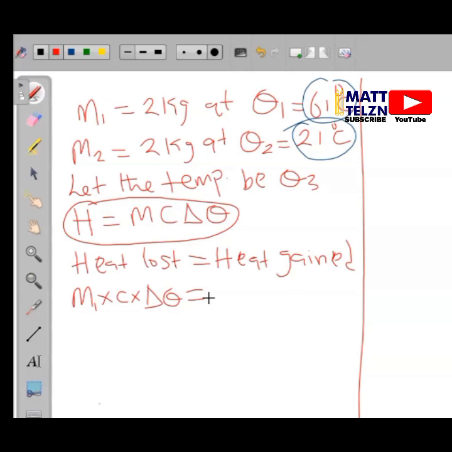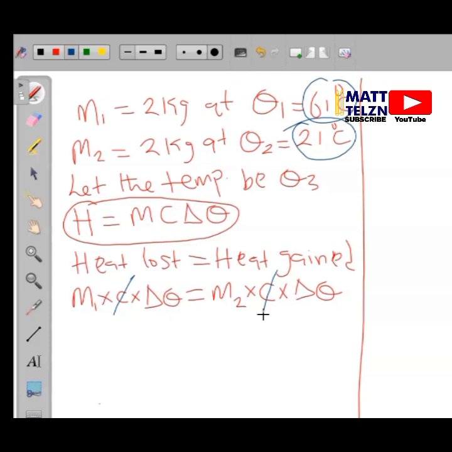M2 times the specific heat capacity times change in temperature as well, okay? Now, since the liquid is of the same type, what that simply means is that they have the same specific heat capacity. That is, this C is going to cancel this other C, right? Because they are of the same type, okay?